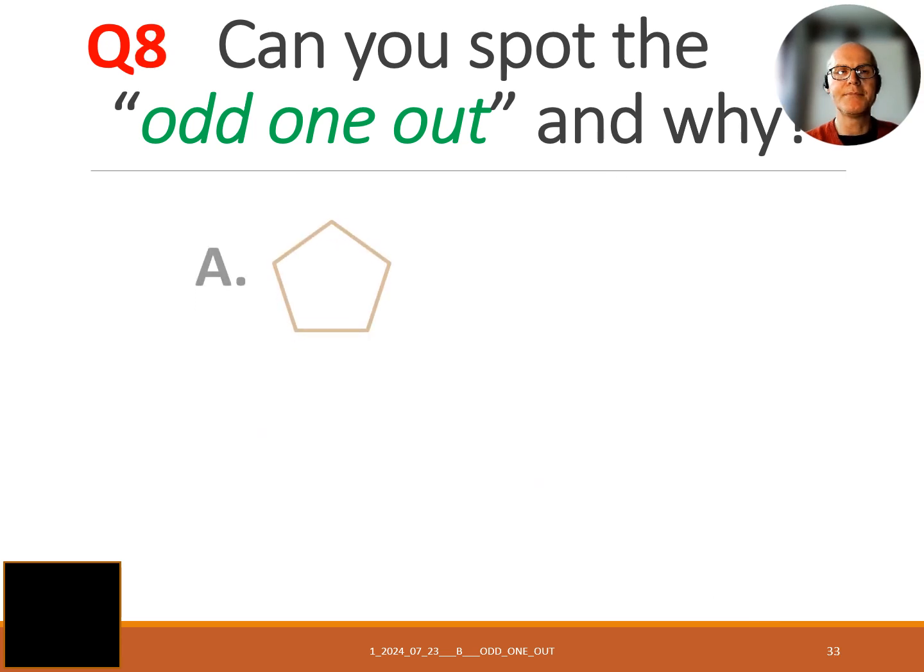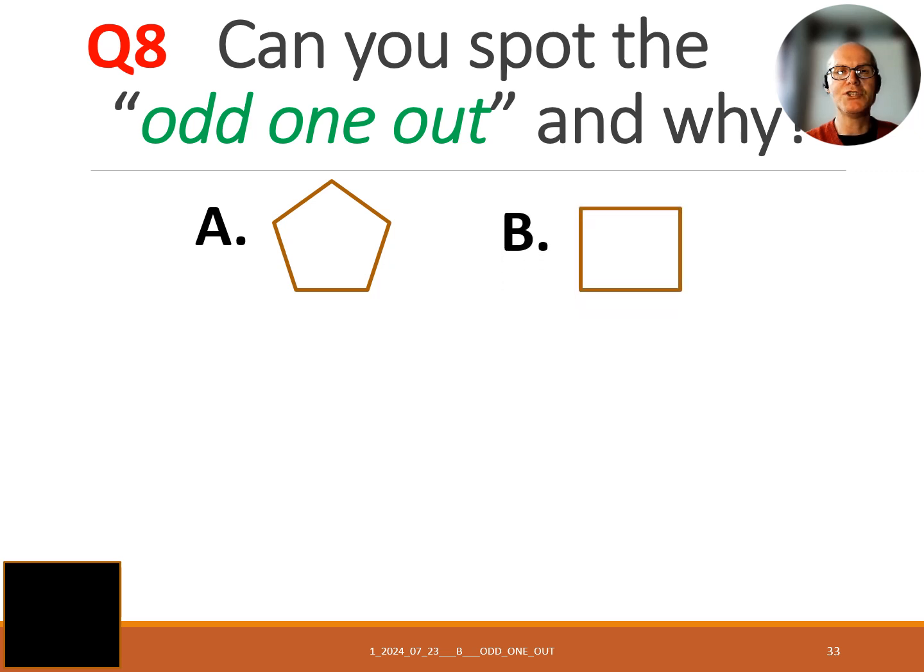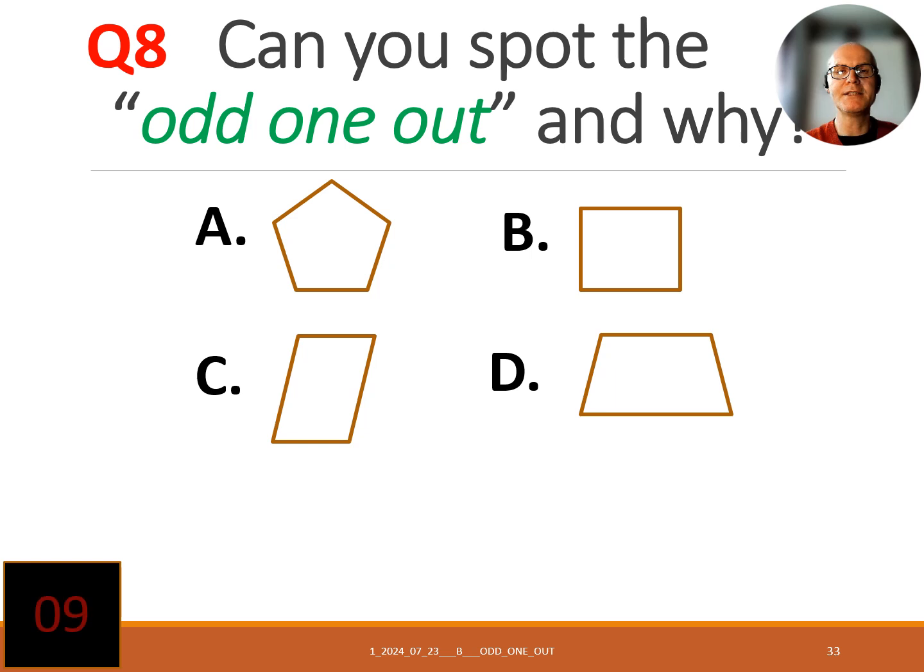Question 8. This shape, this shape, this shape and this shape. What was the odd one out from these 4 shapes and why? It's A, it's this shape. Do you know why?